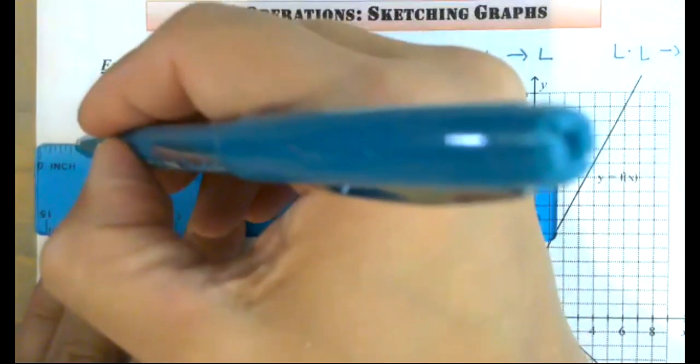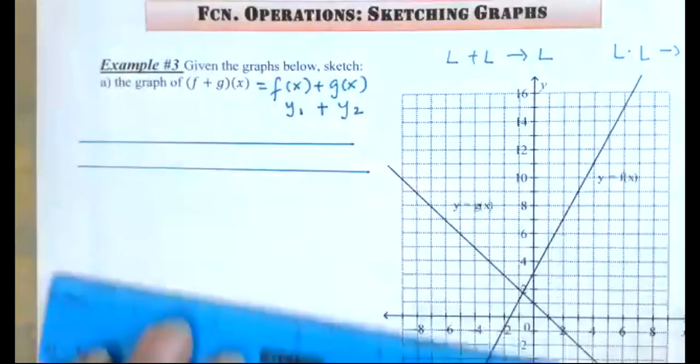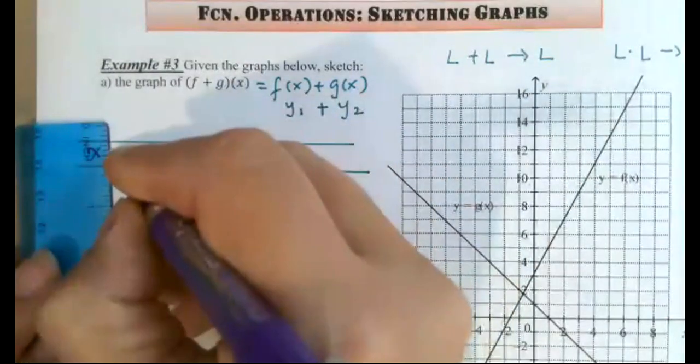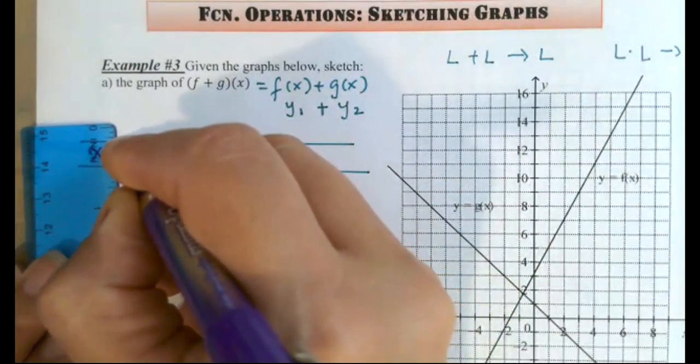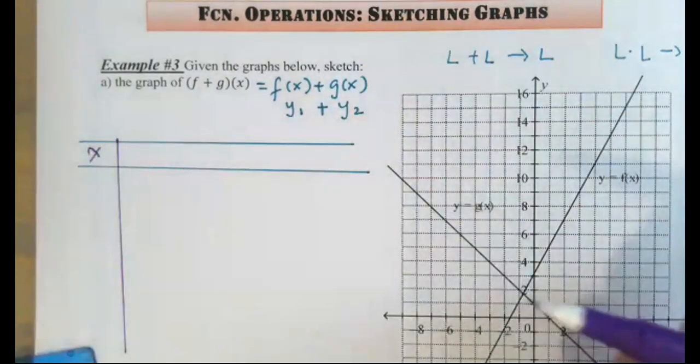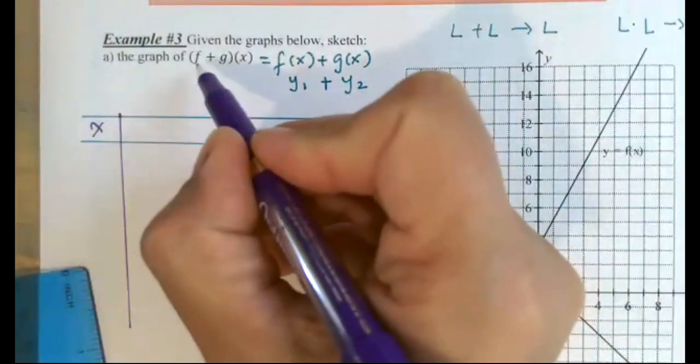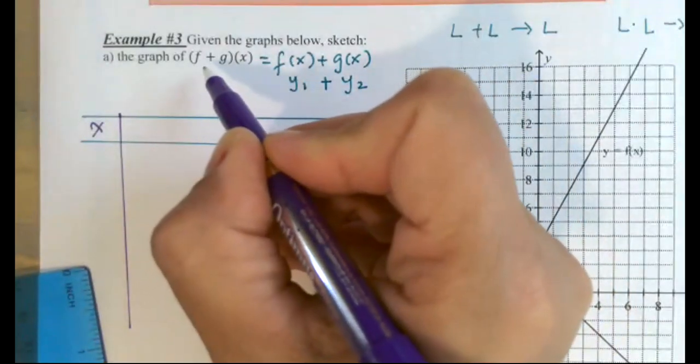It's nice and neat. In the first column, I'm going to put x. So it's going to be the x of our choice that we're going to work with to get values.